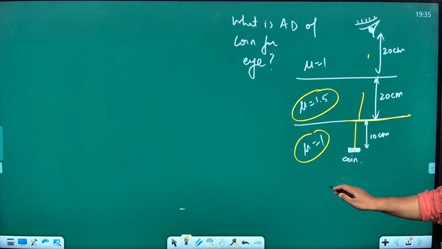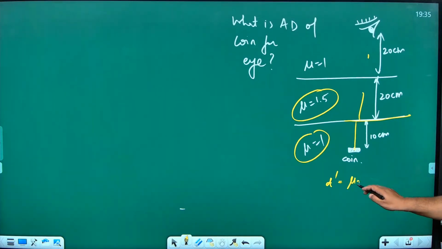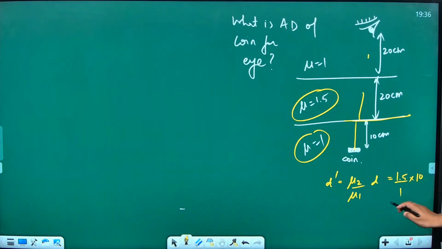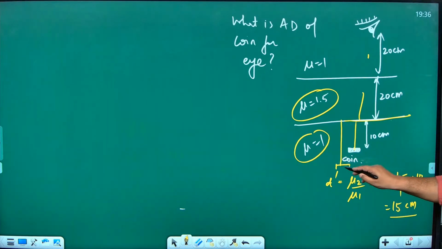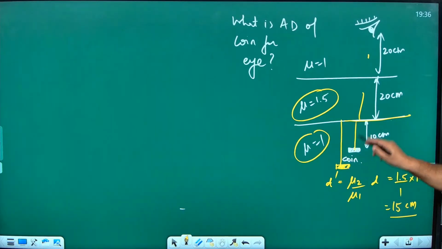So the formula is d' = (mu2/mu1) × d, isn't it? Here mu2 is 1.5 and mu1 is 1, times the depth 10. So as Karthik Balan told very correctly, it is 15 centimeter. It means that this coin, which is really at 10 centimeter, is going to be at 15 centimeter for somebody who is seeing from this interface.